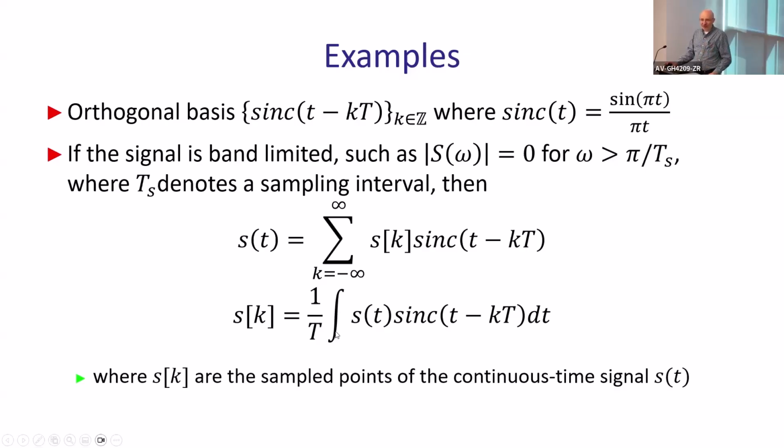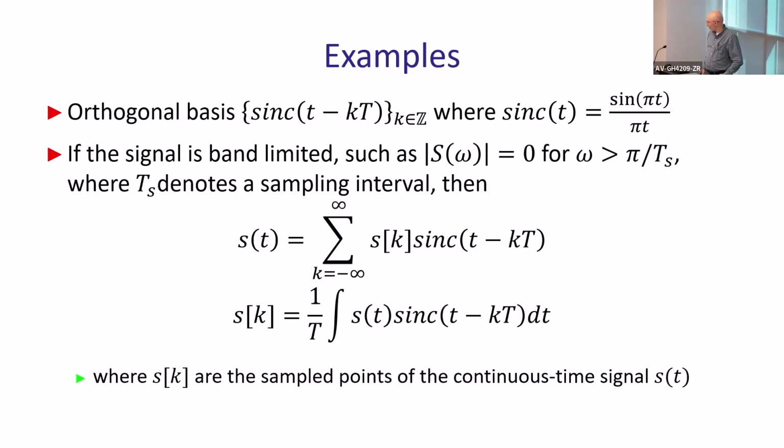This is how you compute coefficients. So Sk is just the inner product between this function and this function divided by the norm of this function squared. T is the norm squared, right? Same formula that we used before for the Fourier series. But this is a completely different thing. This is for sampling purposes, for reconstruction of a signal from samples, a completely different theory.